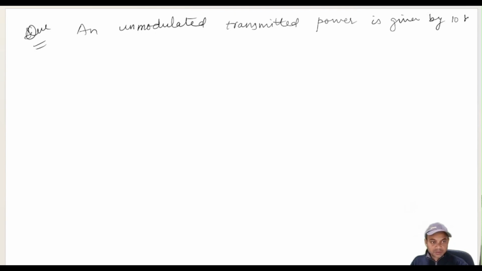Here unmodulated means mu is equal to 0. For that, PT is given as 10 kilowatt. That means it is giving PC, the power of carrier.